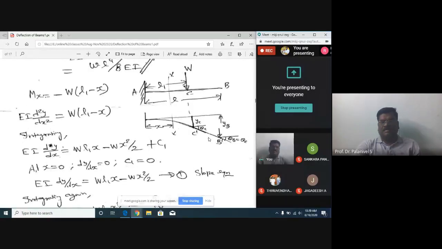What is that? Arc length. So here the deflection YB is equal to YC plus theta C into L minus L1. The remaining length here is L minus L1, and that into theta C gives you approximately the arc length, just a straight line here.